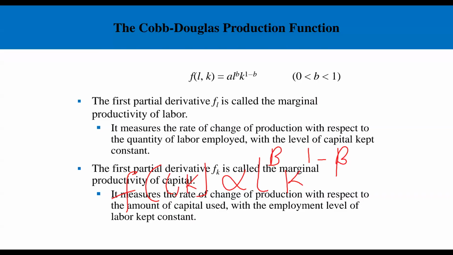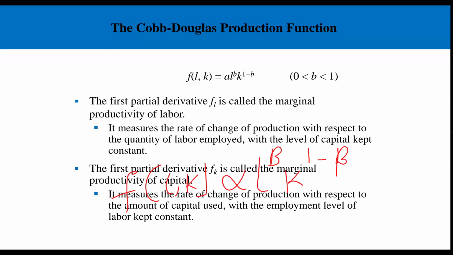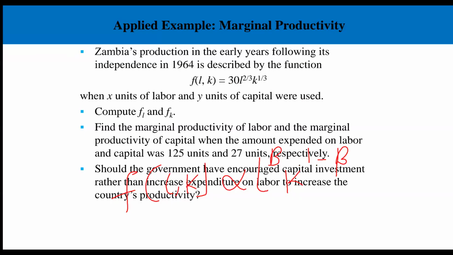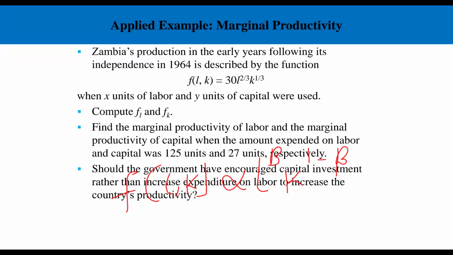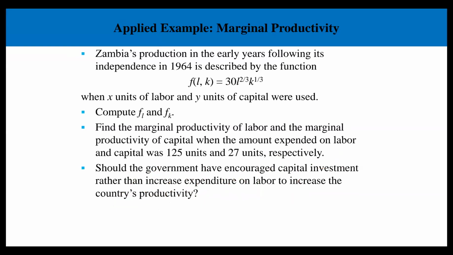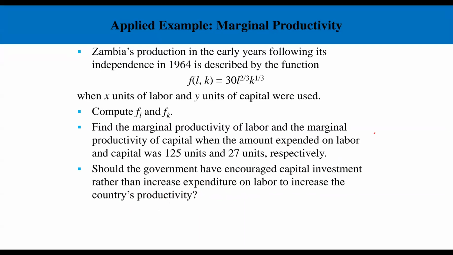So now, if you were to differentiate this particular function, then you have to apply partial derivatives on this Cobb-Douglas function, okay? Let's have an example, and you listen carefully.